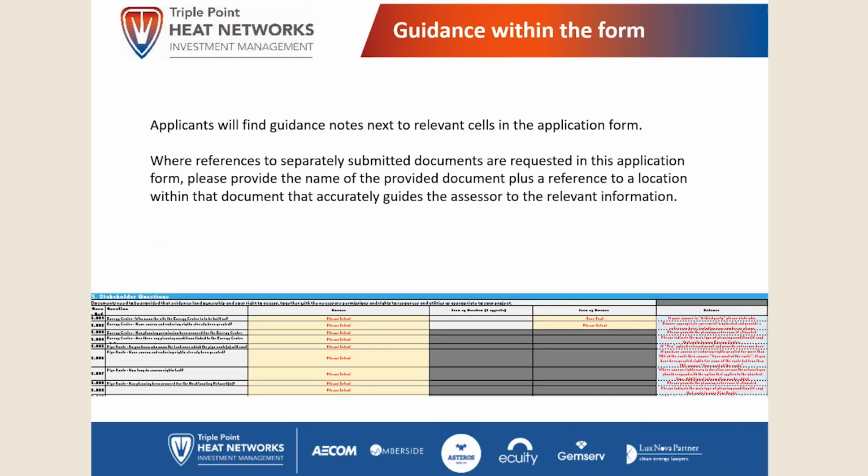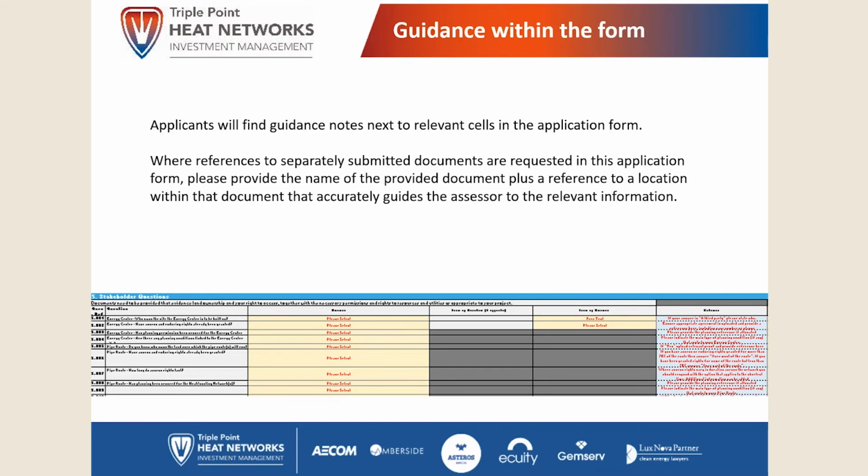We've tried to provide guidance throughout the application form. The guidance appears in a notes section next to the relevant cells within the form itself. You can see the red text on the right-hand side of the screen, they're the guidance notes. For some of the questions, we'll ask you to submit evidence or references.